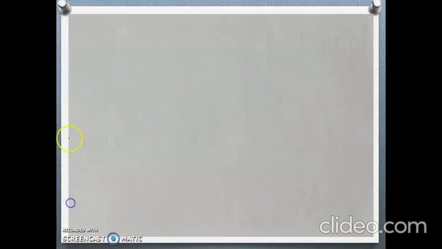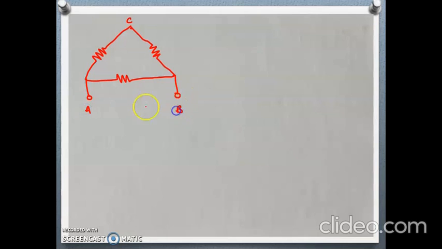Now let's redraw the circuit again. Here we have the C point, and these are point A and point B. Now these are 7.5 ohm, this is 7.5 ohm, and again this is 7.5 ohm.